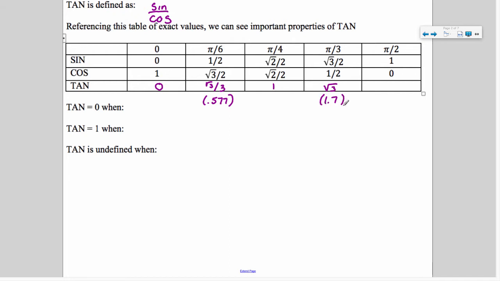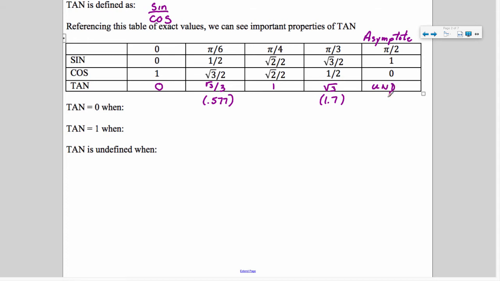Now this, my friends, I don't think I can fit it. Asymptote. This is where the asymptote occurs because 1 divided by 0 is undefined. And that's why you get those lines.